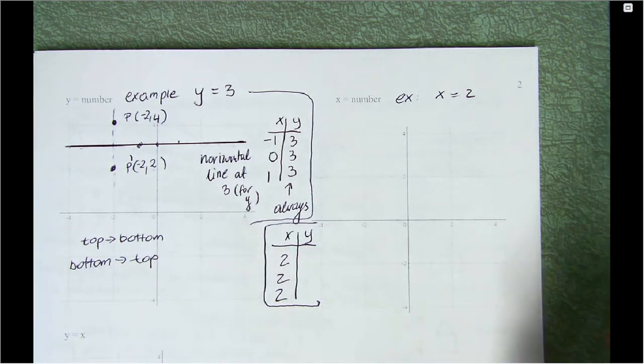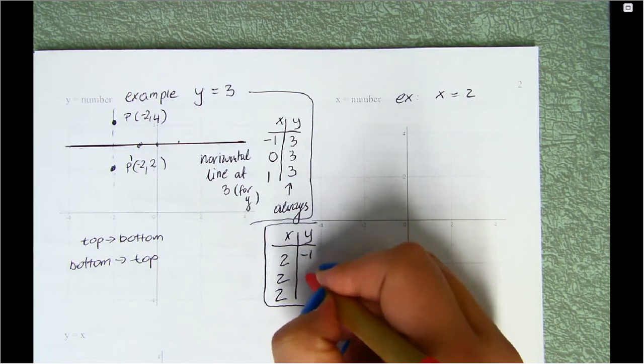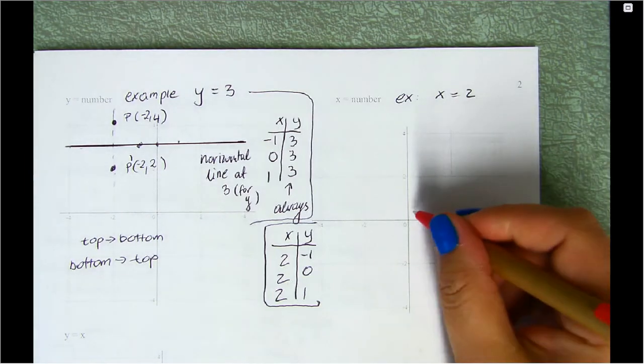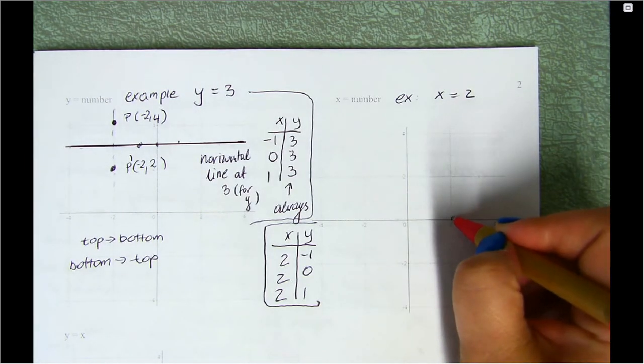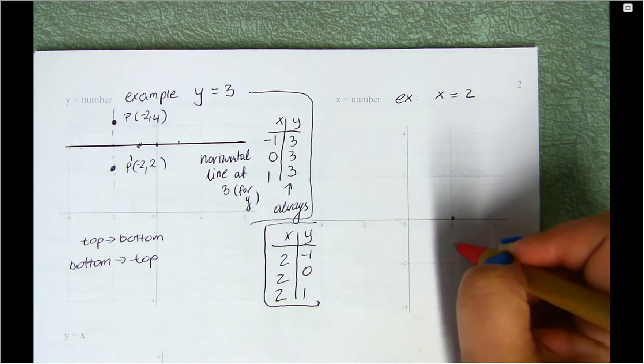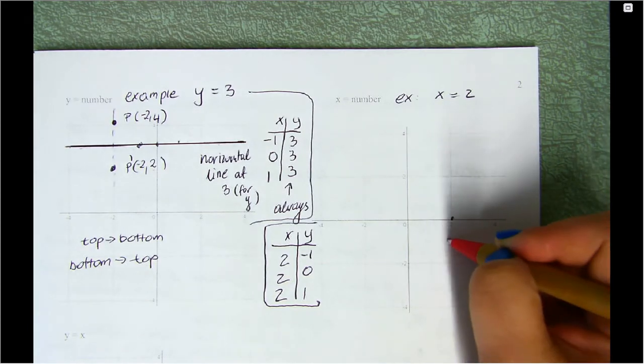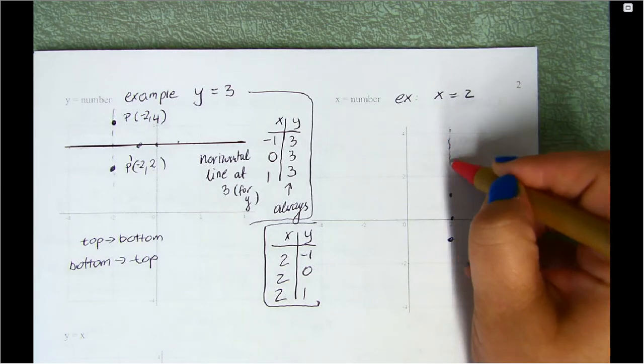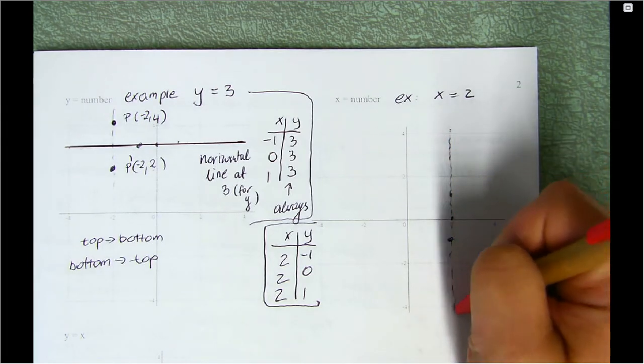I can choose the points for y now. I'm going to say negative 1, 0, 1. So that means x is 2 for 0, x is 2 for negative 1, x is 2 for positive 1. X is 2 everywhere on this line.